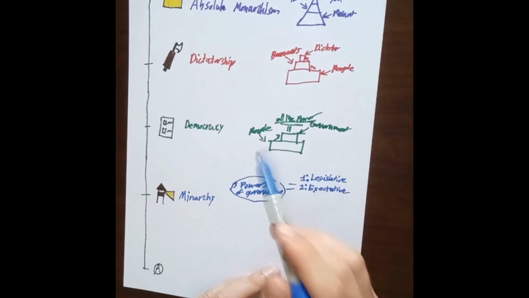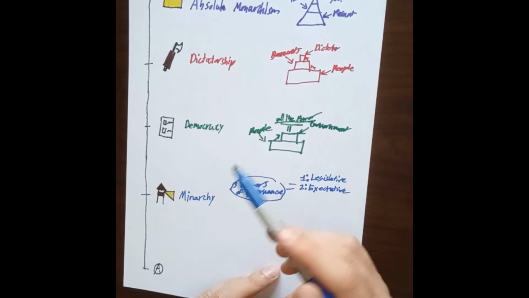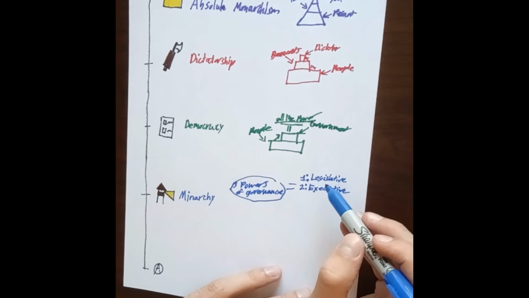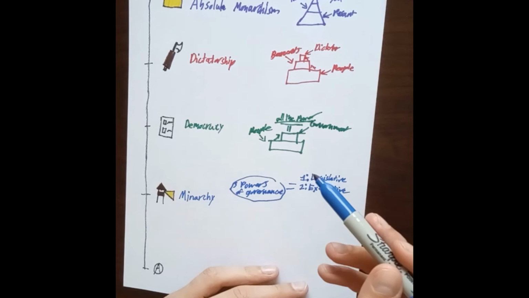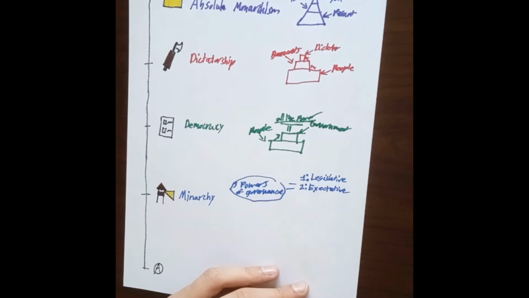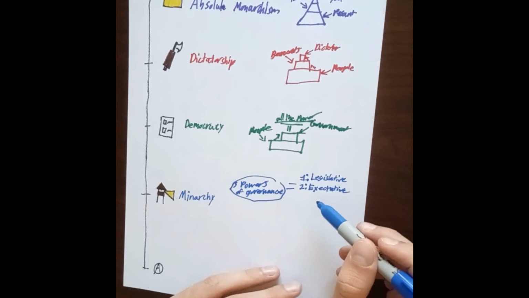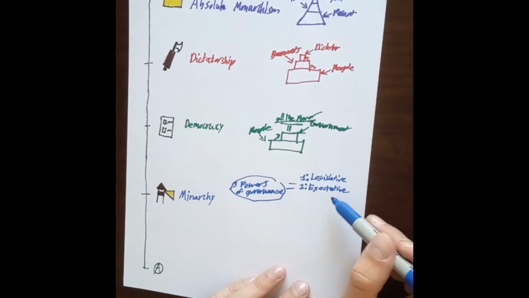Now, a lot of times in a democracy, there will be something called a separation of powers. That's very famous in a lot of democracies. So there will be a separation between the legislative branch and the executive branch. Take, for example, the United States. The legislative branch is Congress, while the executive branch is the president. All right, the president and the vice president make up the executive branch.